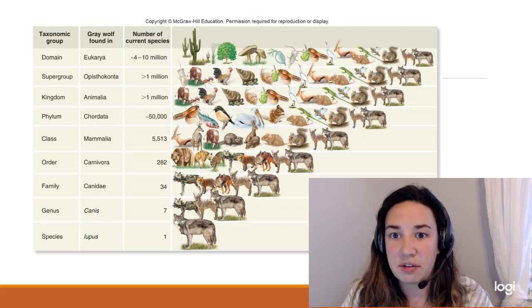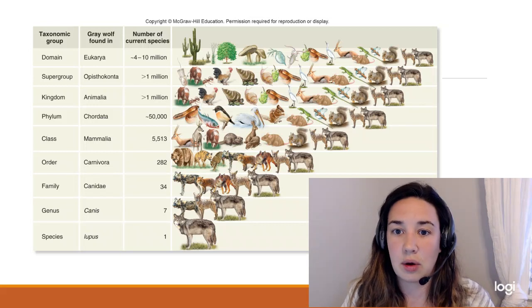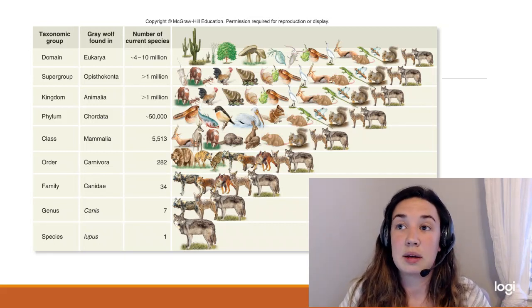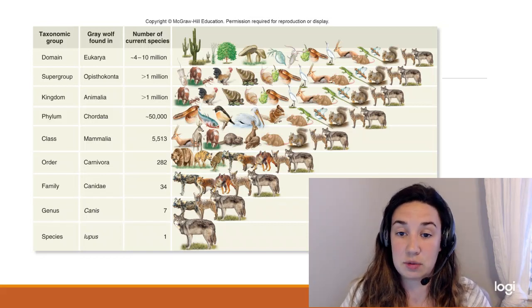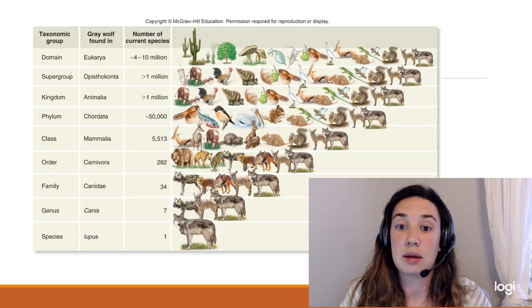In this specific instance, we're looking at the gray wolf. This species has been classified all the way down to the specific epithet, or the species. So we have our domain, the eukarya domain. We have the supergroup Opisthokonta, which is all the fungi and the Animalia.